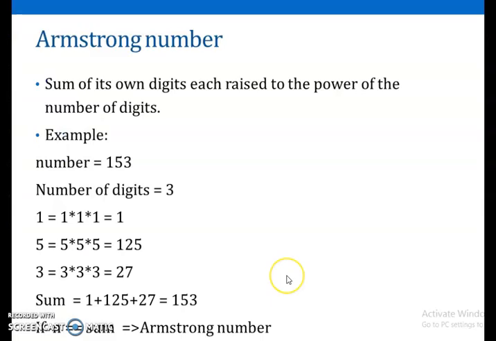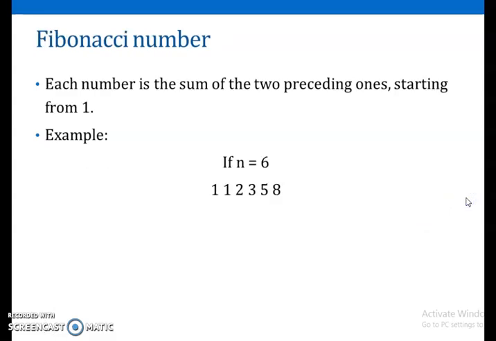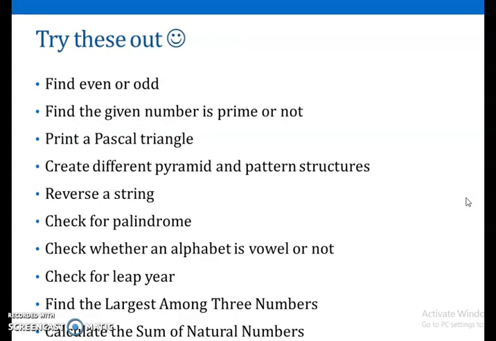So as far as I explained, 3 kinds of programs such as Factorial, Fibonacci, and Armstrong number. You can try these simple programs in Java. Finding whether the given number is even or not, or prime, printing a Pascal triangle like pyramid, reversing a string, palindrome, whether the given alphabet is a vowel or not.